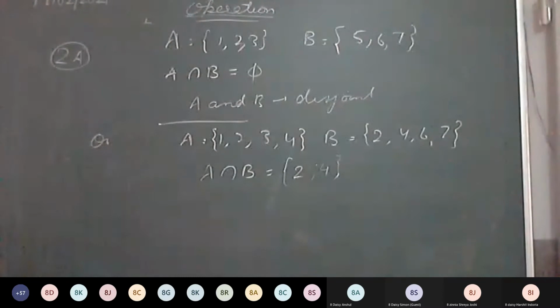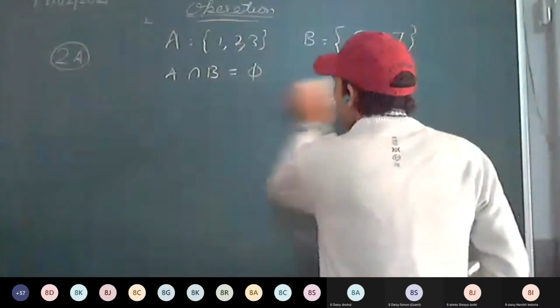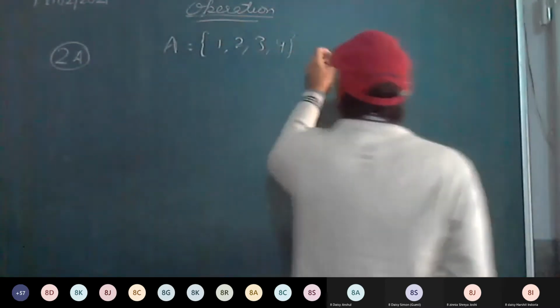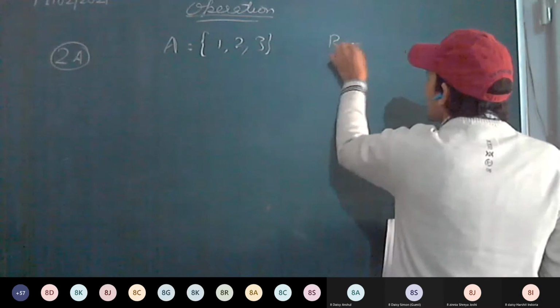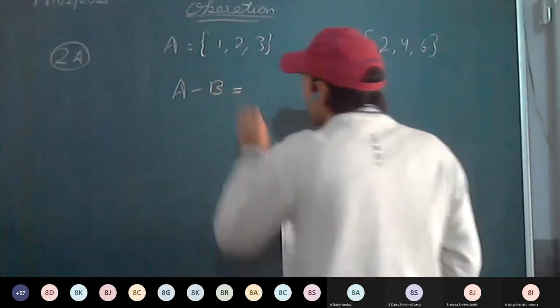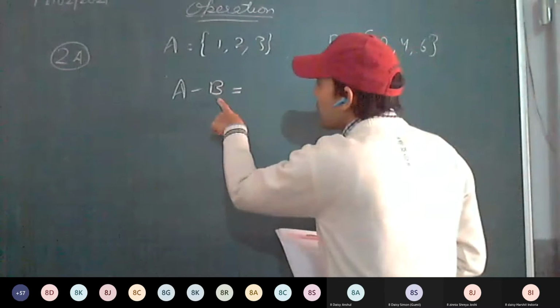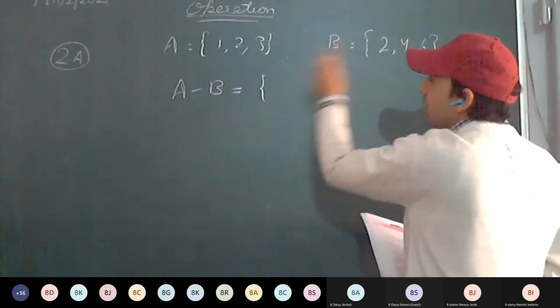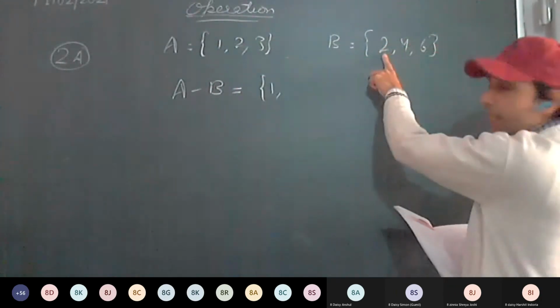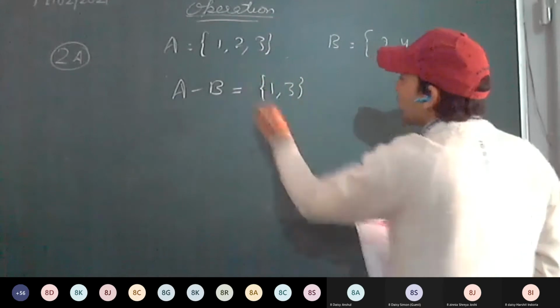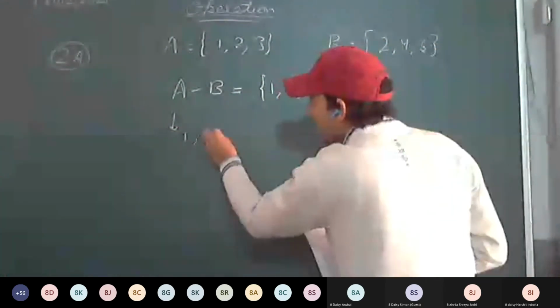Now we take the difference of two sets. A equals 1, 2, 3, and B equals 2, 4, 6. We are taking A minus B. Write all the elements of A: 1, 2, 3.